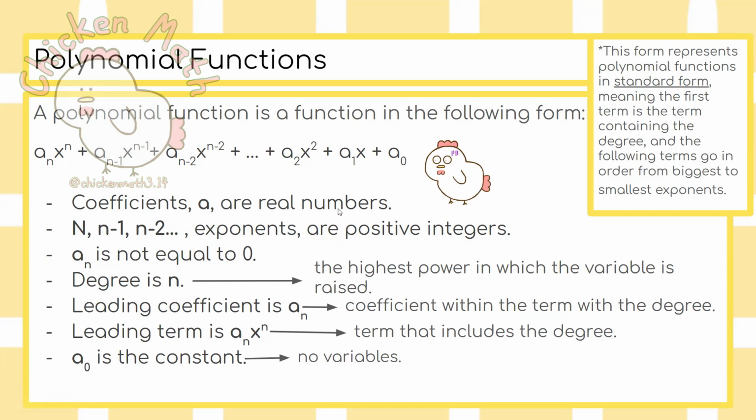So keep in mind how a lot of these qualities are dictated by the degree. And then a sub 0 right here is our constant. It's just the number with no variable. And keep in mind that this form right here is in standard form, which means as you go from left to right, the degrees will decrease.